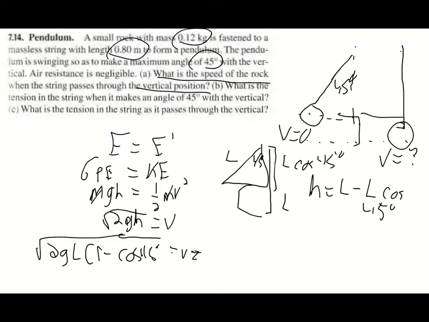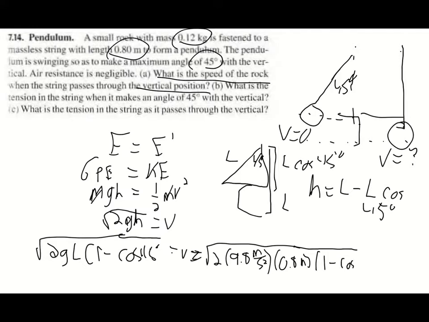Which again, if we plug everything in, it's going to be 9.8 meters per second squared, 0.8 meters, 1 minus the cosine of 45 degrees. And all of that, when you plug it in, should give you a number of about 2.1 meters per second. There we go.